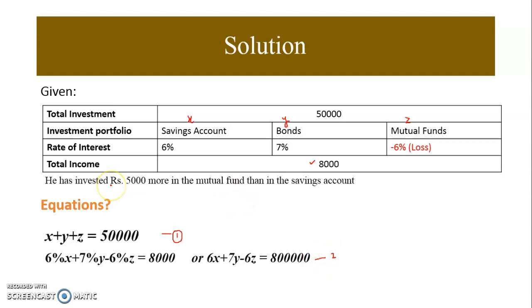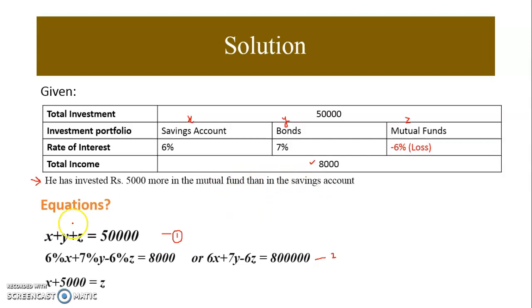Easy. Now for the third equation, there is this statement that he has invested 5,000 more in the mutual funds than in the savings account. It means the savings account has 5,000 rupees less as compared to mutual funds, right? Because mutual funds has 5,000 more. So we'll add this 5,000 to the savings account in order to make this an equation.